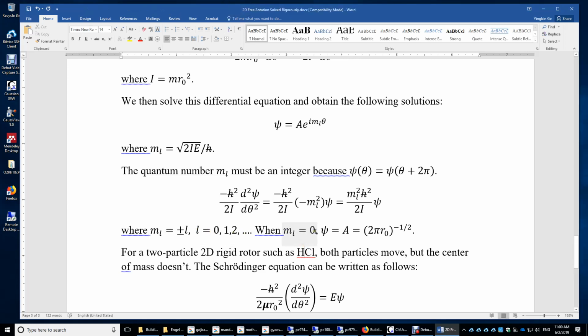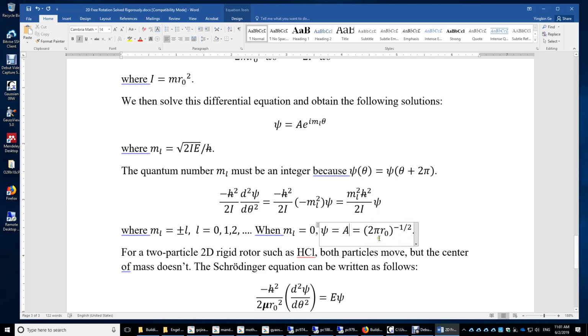When m sub L equals 0, it tells us psi is simply a constant. To normalize this psi, this normalization constant has to be 2 pi r naught to the power of negative 1/2. Remember, the integral of psi squared over the entire circular space is 1.